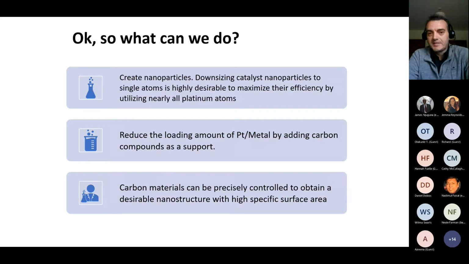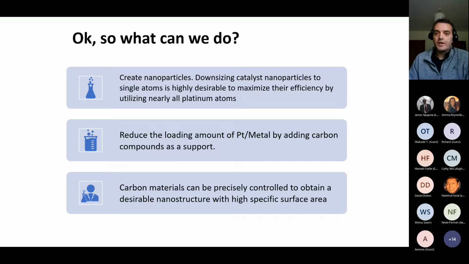So that has obviously helped a lot. Downsizing the catalyst nanoparticles to single atoms is highly desirable, to maximize their efficiency, because we are going to use nearly all the platinum atoms. By creating nanoparticles, we're going to create a better electrocatalyst.